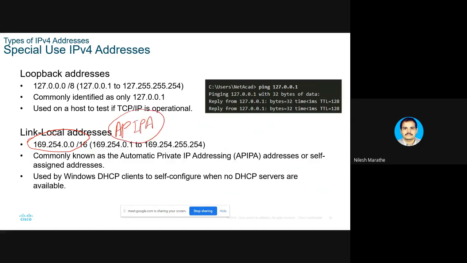Whenever DHCP is not able to allocate an address, or DHCP fails to assign an IP address, at that point the PC automatically assigns itself an IP address from the range 169.254. That is known as automatic private IP addressing, APIPA. So whenever Windows DHCP fails to assign an IP address, the PC automatically gets an IP address of 169.254.